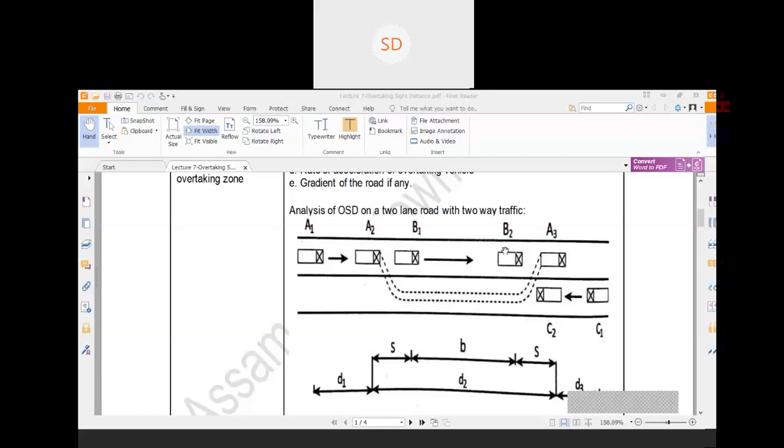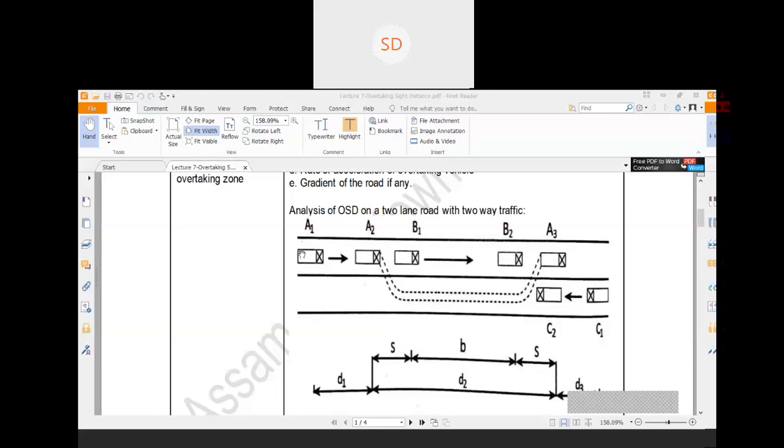If the adjoining lane is free and you can overtake the slow moving vehicle, you will start accelerating your vehicle, change the lane, overtake the truck and move back to your original lane. Then again you will maintain a safe distance, so that distance is also spacing s. So basically this is the overtaking operation.